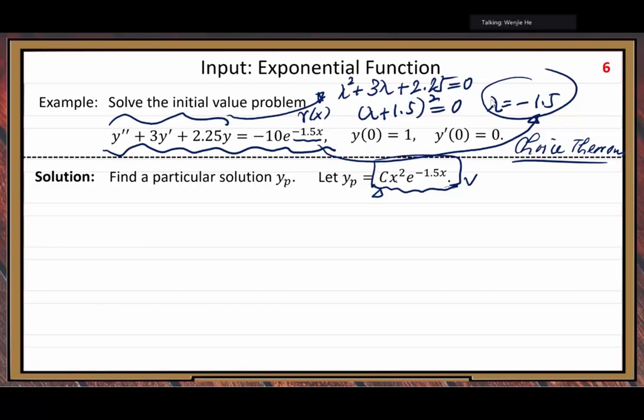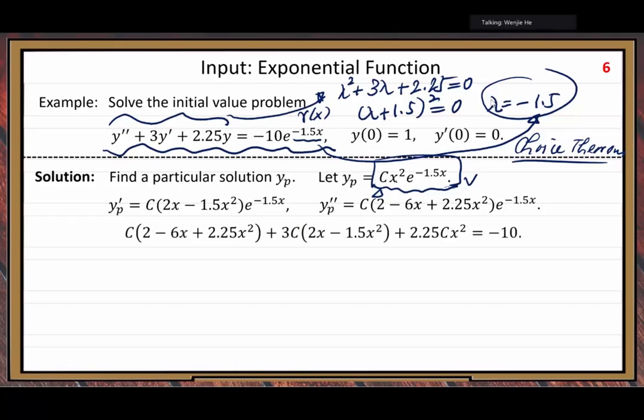All right. Here, let's plug in. Y prime, so you need to calculate the derivative. Y double prime, the second derivative. Because all the terms have the same common factor, the e function part, e to the negative 1.5x, that is a common factor. You can cancel it out. After cancellation, you have an algebraic equation.